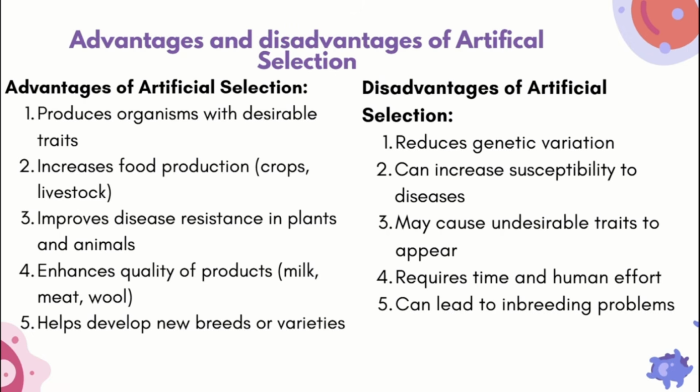Then you have disadvantages of artificial selection. The thing about artificial selection and also natural selection, which we spoke about, is that when it comes to selecting anything, it means choosing. And because you're choosing to enhance this particular trait, it means you're getting rid of variation. You're getting rid of differences between the individuals or the offspring or the animals, the plants.